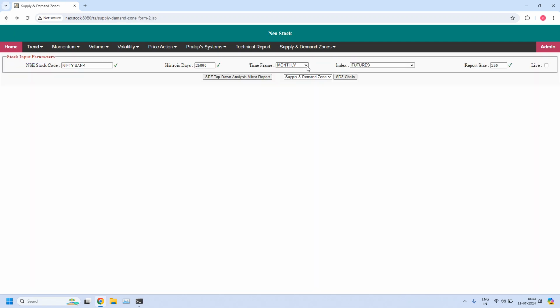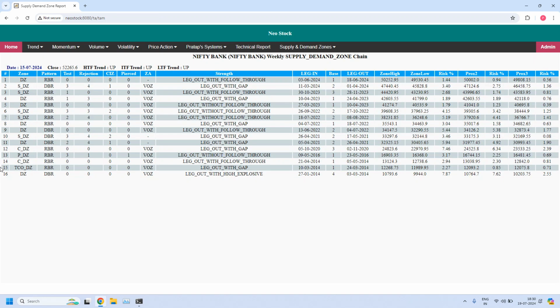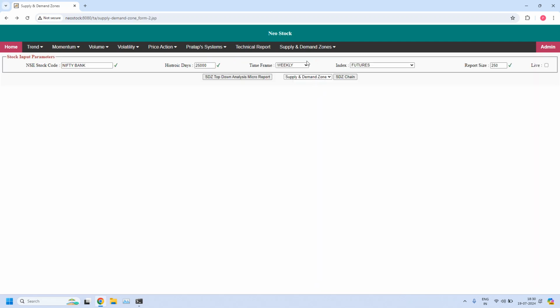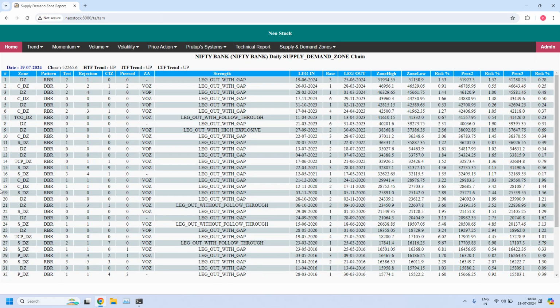Let me go back, changing the time frame to weekly. Now I am generating a BANKNIFTY weekly supply demand zone chain. Okay, I am changing the time frame to daily. Now I am generating the BANKNIFTY daily supply demand zone chain.